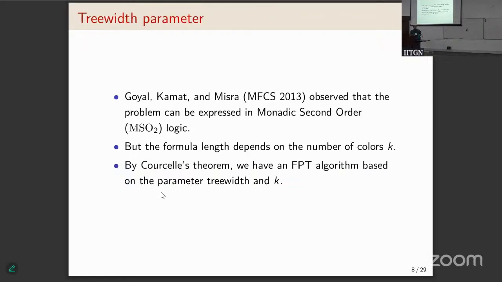Consider this scenario. In the same paper, we observed that this coloring can be expressed in monadic second-order logic. So it is easy to observe that the treewidth of a graph G is upper bounded by the number of colors.